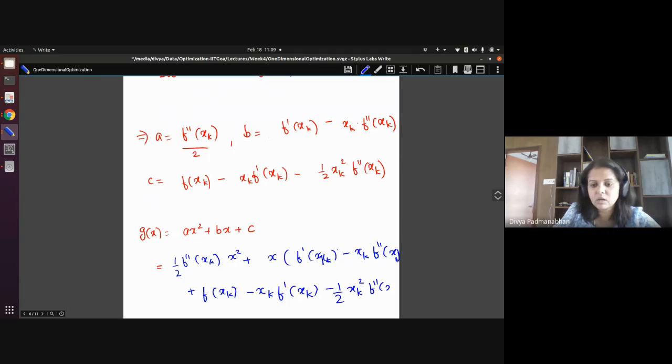I'm just writing out the overall function based on these values of a, b, and c.